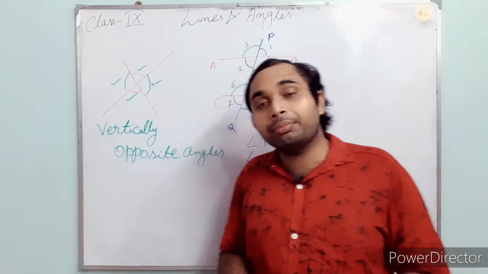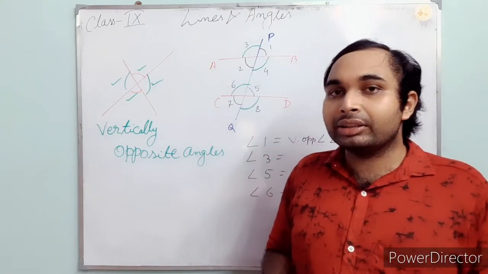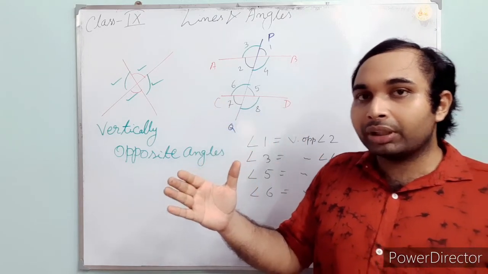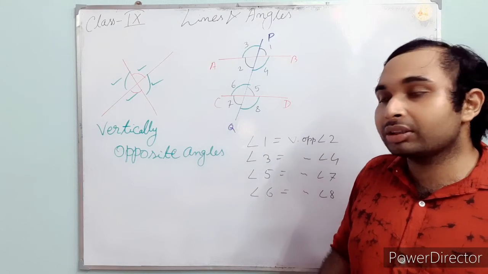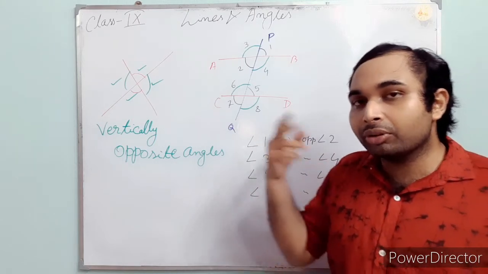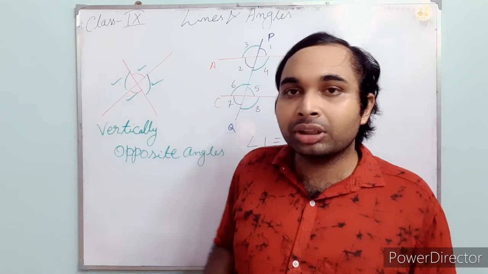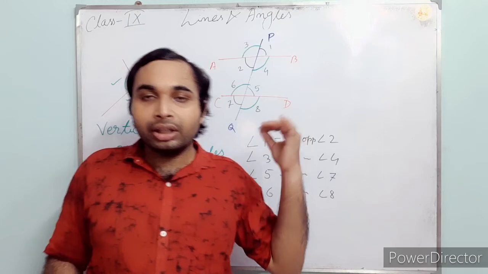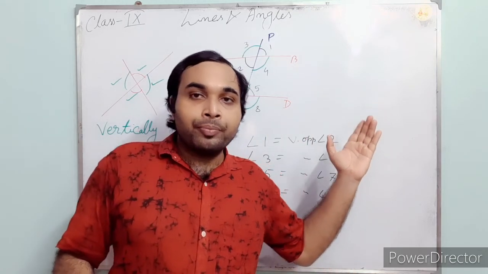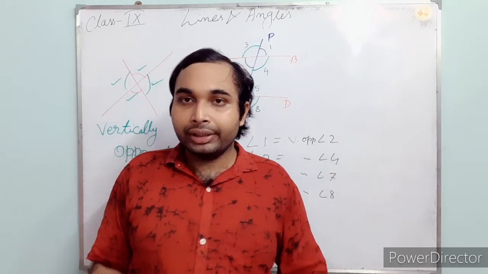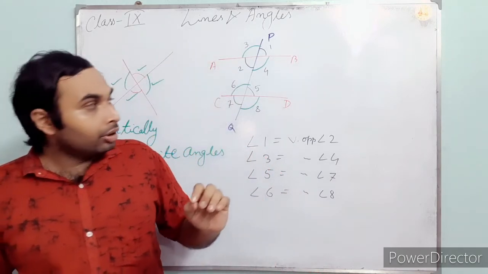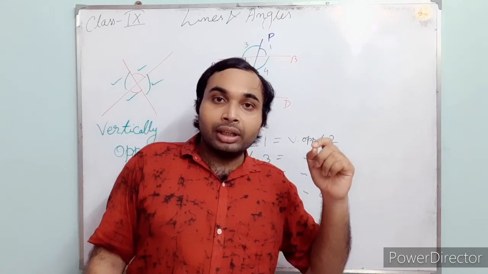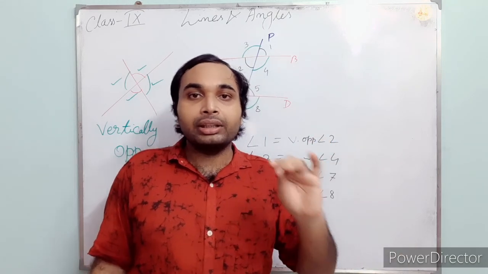So I have told the properties of parallel lines. Just mind it. If you want to hear those properties again, just rewind the video from the first. You can see lots of properties I have told already. That is, the sum of the consecutive angles is 180 degrees. The corresponding angles are equal. The vertically opposite angles are equal. The alternate interior angles are equal, like that. Okay. So we have discussed the parallel lines and the angles made there by the transversal.